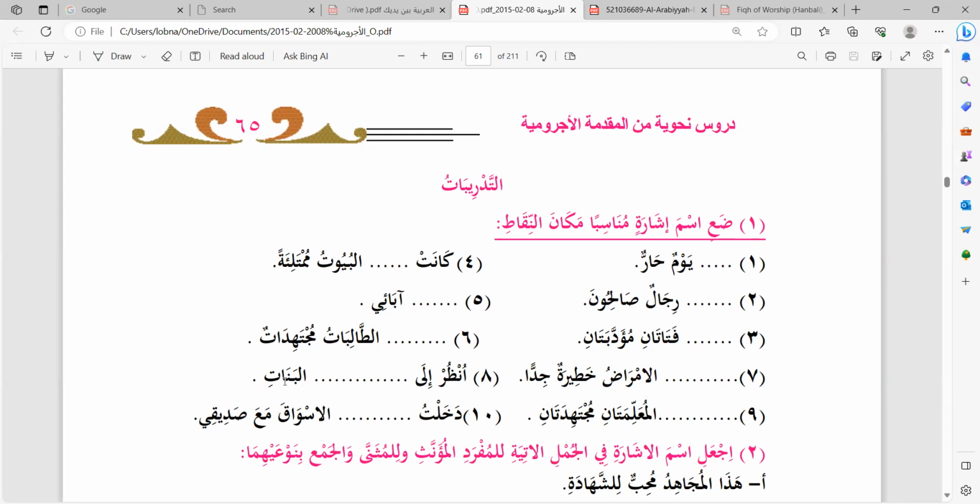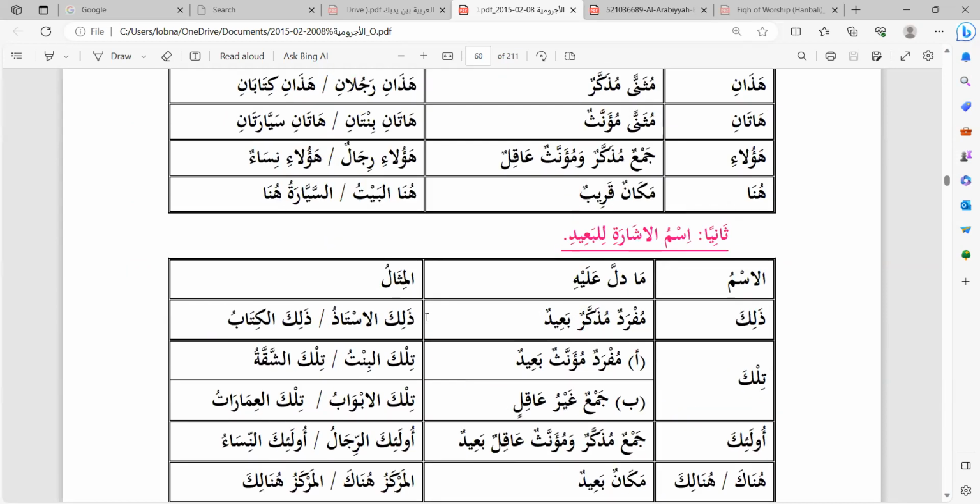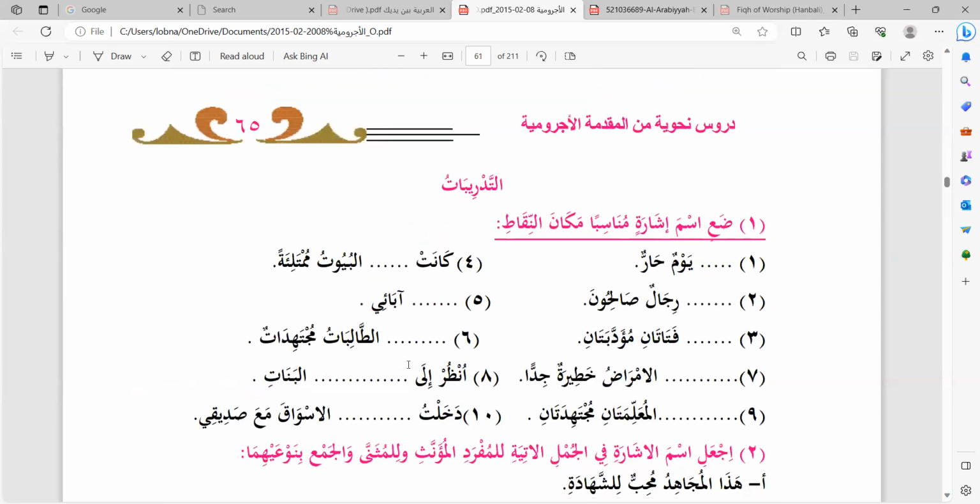Then the eighth one, انظر إلى بنات. بنات is plural. Look at, if I want to say these girls, how would you translate it? What's the word? These girls. You have two options. هؤلاء. هؤلاء is fine, and you can say أولئك also if you want to indicate something that's far.